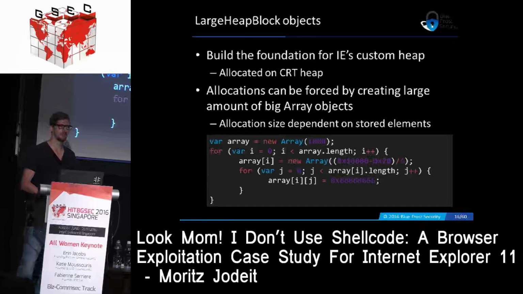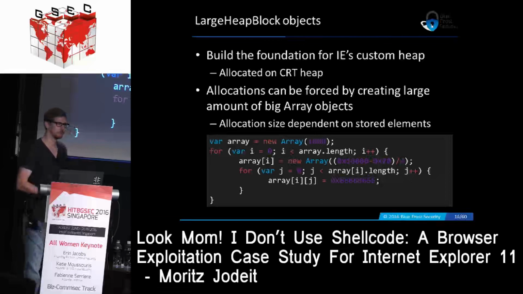It turns out there's one interesting object, which is called the large heap block object, which builds the foundation around IE's custom heap. And you can trigger the creation of these objects on the CRT heap by creating large JavaScript objects. You can just create a large array object of integers, for example, which will eventually create these large heap block objects.